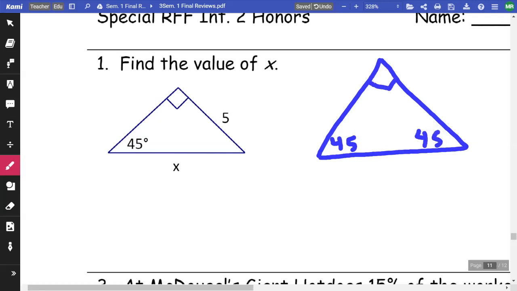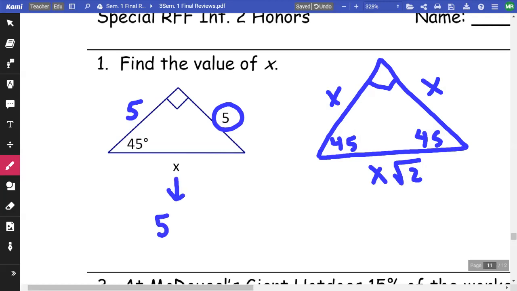Pretend that looked like a 90. If this is x and this is x, then this is x root 2. So if this is 5 and this is 5, then this x is 5 root 2.